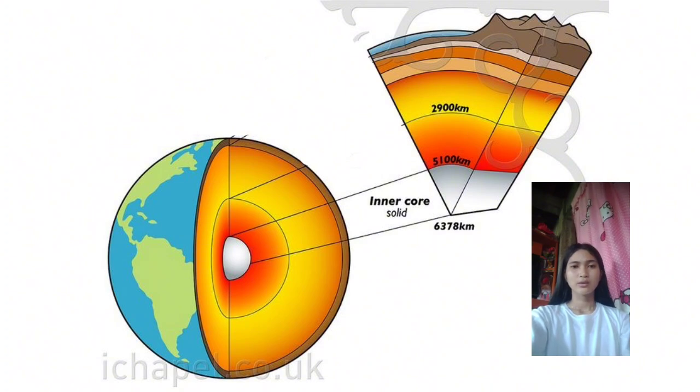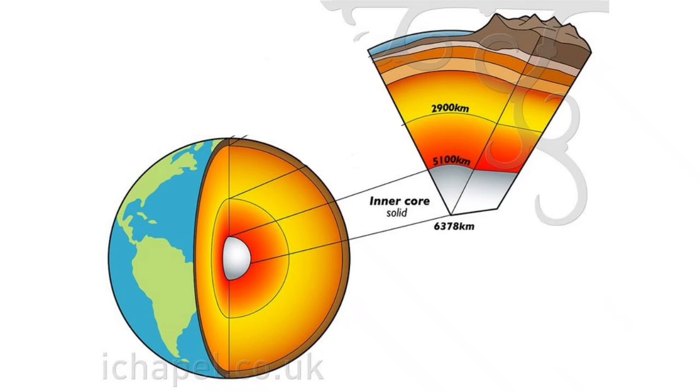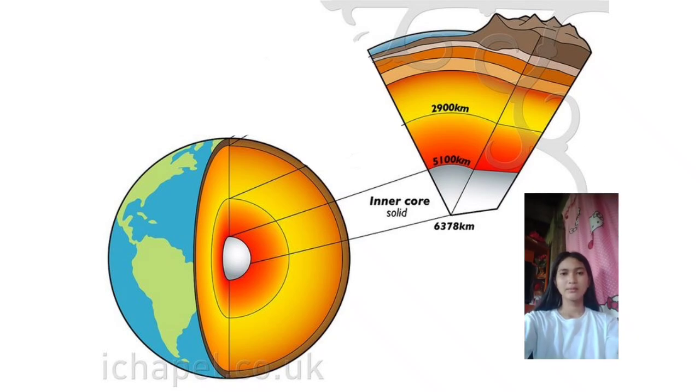accessible for direct measurement. Mechanically, Earth can be divided into lithosphere, asthenosphere, mesospheric mantle, outer core, and inner core. Chemically, Earth can be divided into the crust, upper mantle, lower mantle, outer core, and inner core.